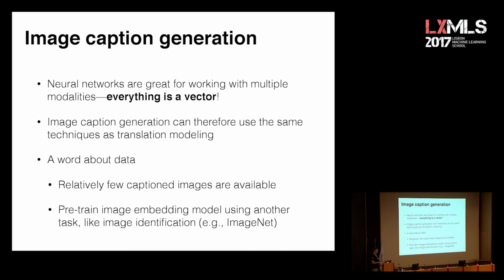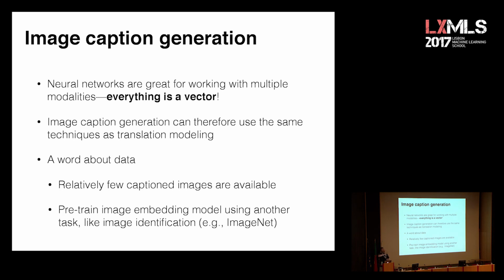So what people usually do for image captioning is they take data that's used for other tasks in computer vision, like object recognition or object segmentation, and they pre-train the image recognition component of the model. This pre-training has a lot more data available to it, and then they take part of that model and say the representation that model is computing is going to be used as the input to the captioning component.